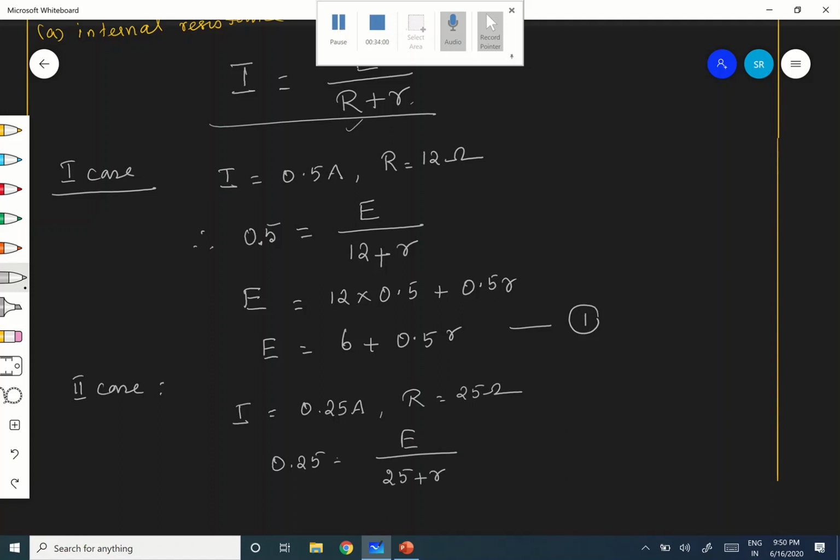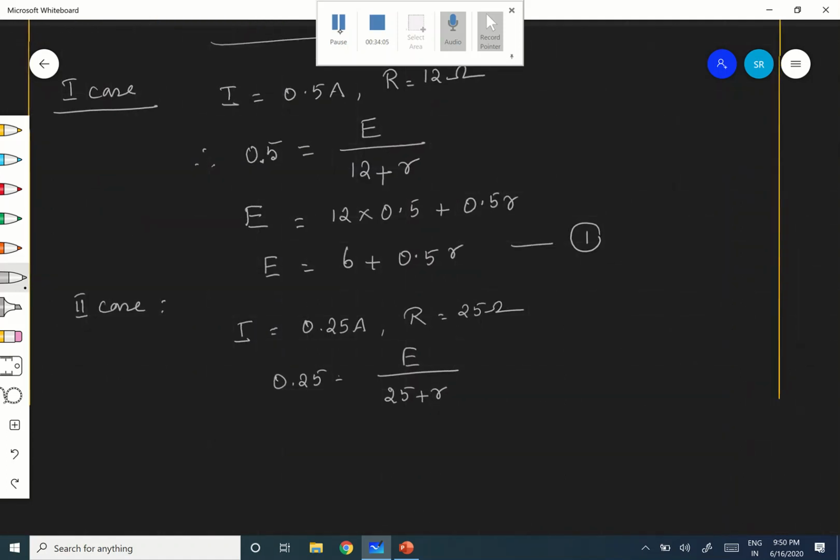Therefore, E is equal to 25 into 0.25 plus 0.25 r, which is nothing but 6.25 plus 0.25 r. That is your E. You people have to solve by yourself.